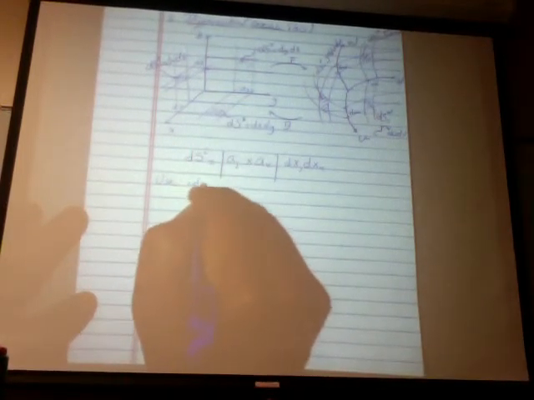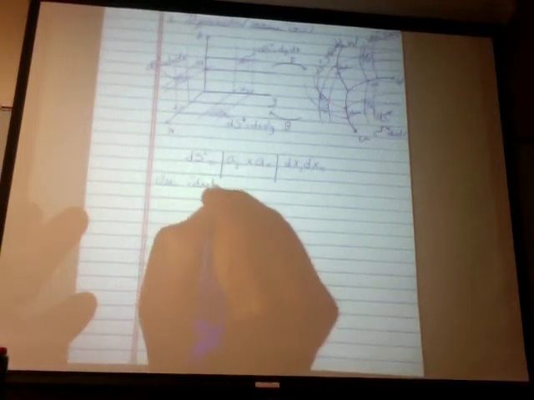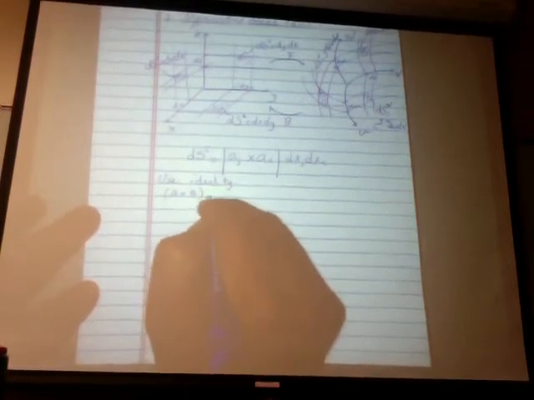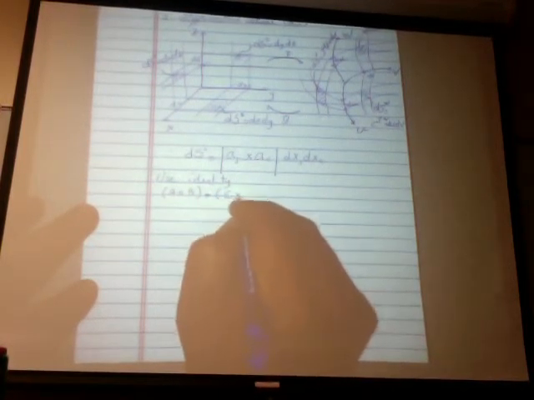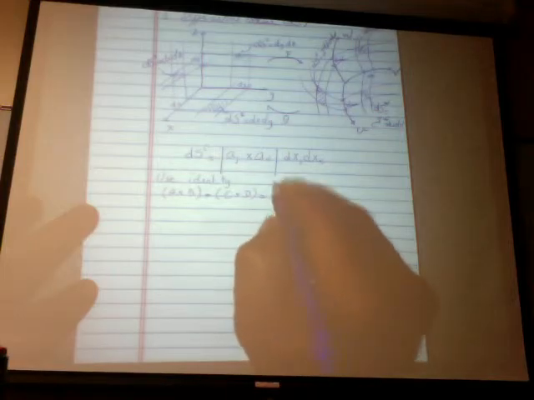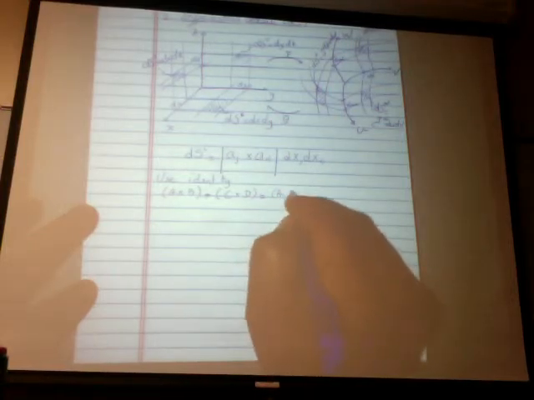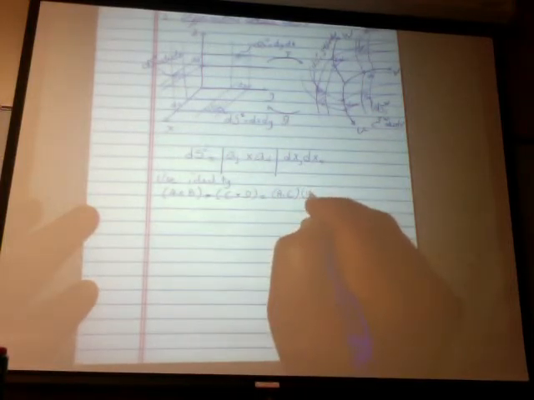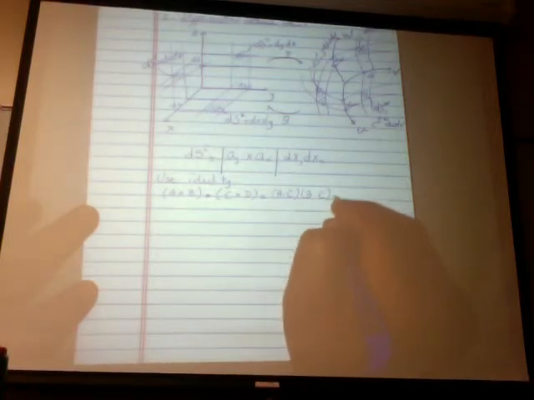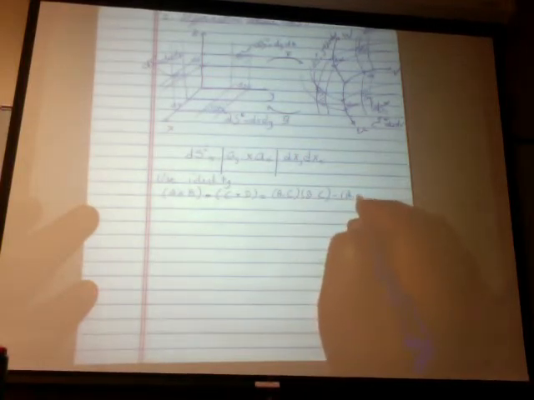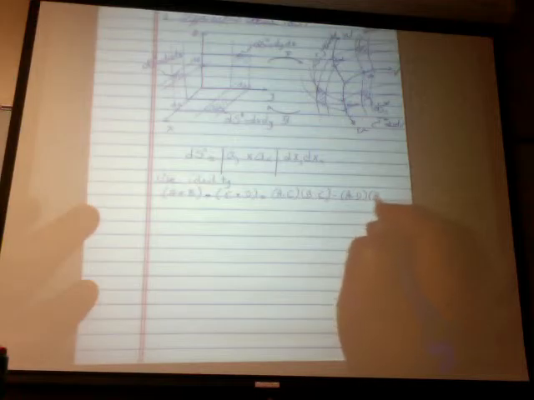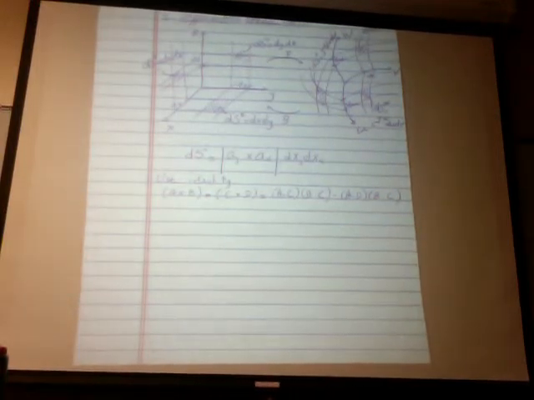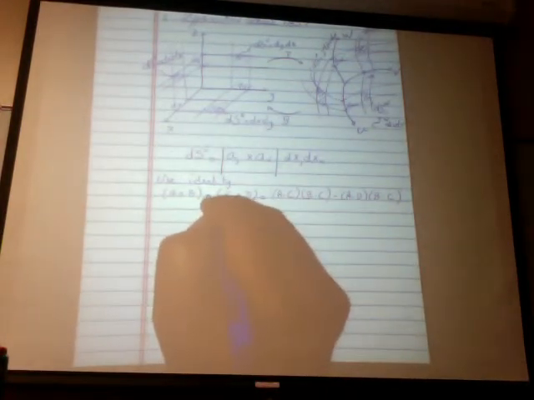I'm going to use the identity: A cross B dotted with C cross D is equal to (A dot C)(B dot D) minus (A dot D)(B dot C). This is a dot, not a minus.